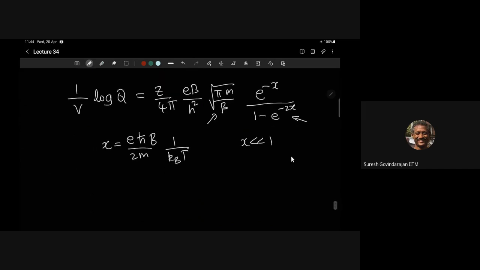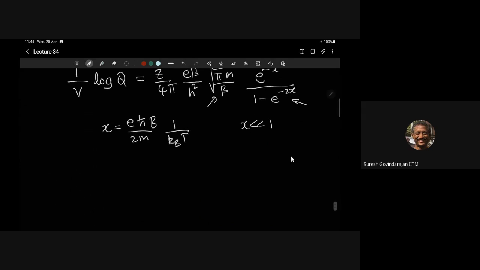So we are almost done with this. But now what we want is to evaluate up to 2 derivatives of log Q. One derivative will give you n, this thing.